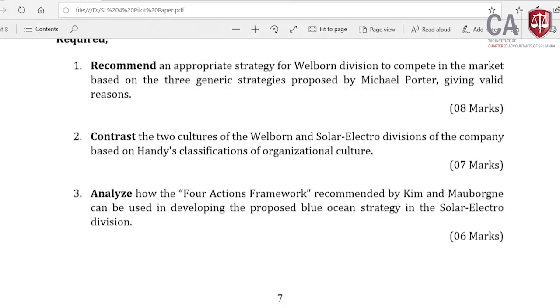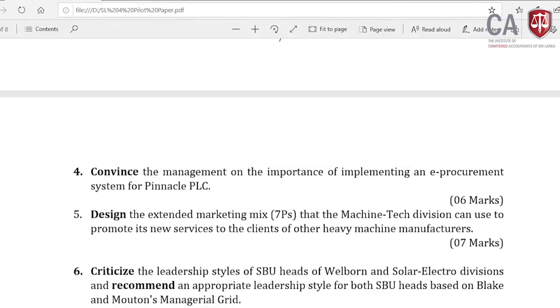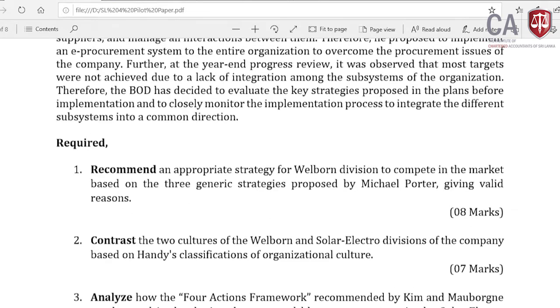But just writing that one is not enough. You have to prove your answer. Recommend. So you should carefully look at the meaning of the action verb given, right? Recommend is the action verb given, so you have to prove your answer.